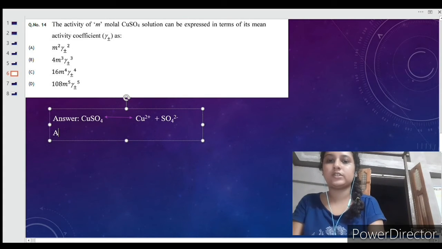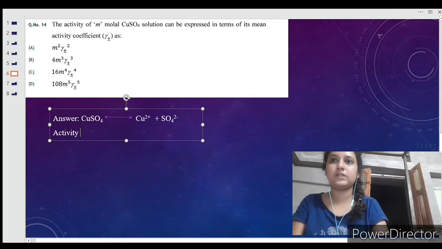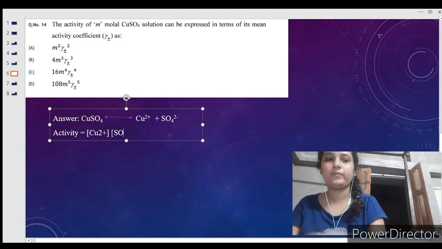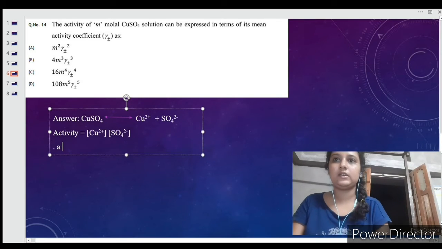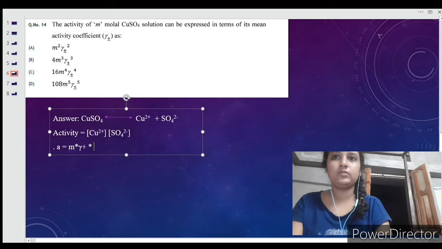The activity of the solution can be expressed as the concentration of the Cu2 plus times the concentration of the SO4 2 minus. Activity a is equal to m times the activity coefficient of Cu2 plus, that is gamma plus, times m times the activity coefficient of SO4 2 minus, that is gamma minus.